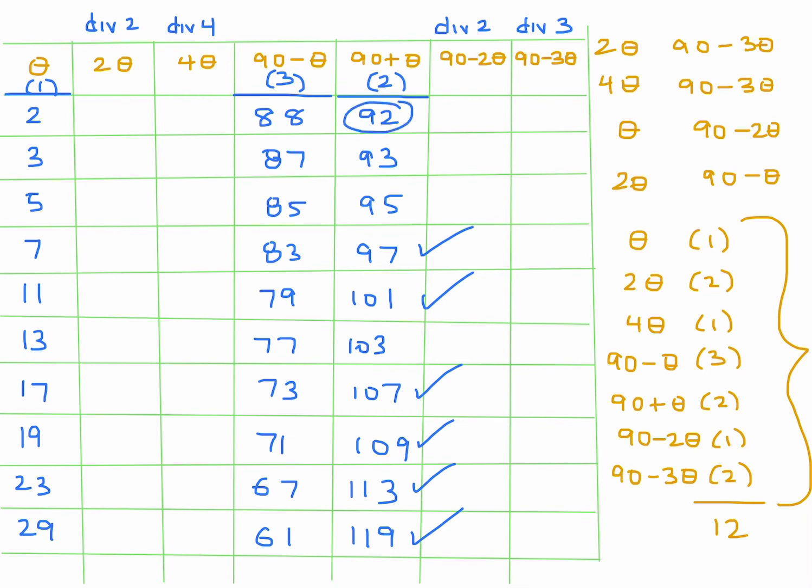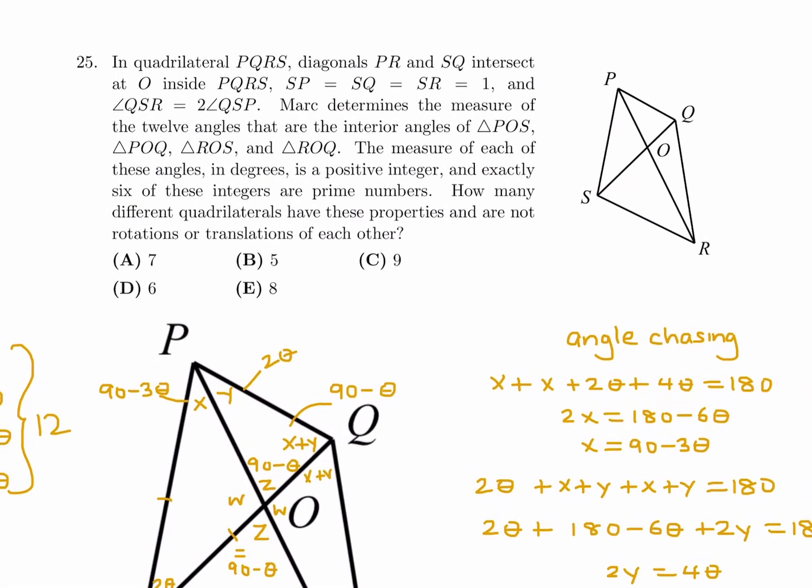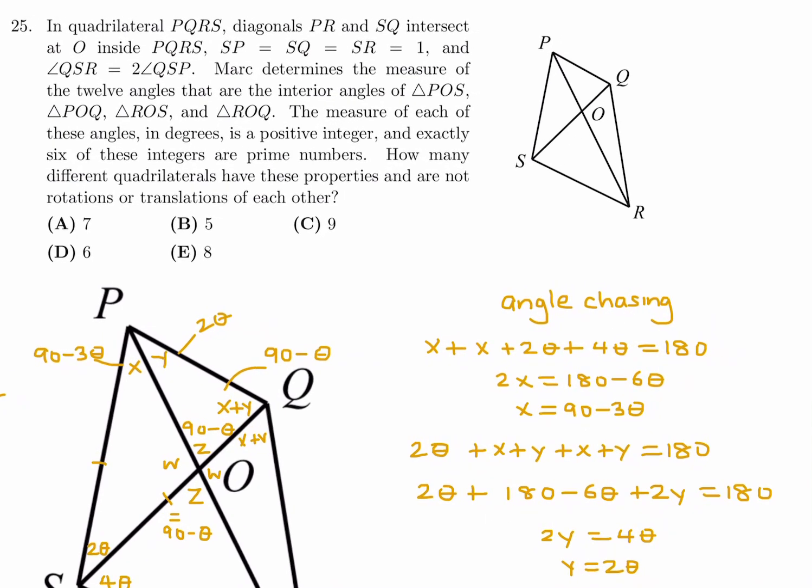This is divisible by 2, that's not prime. 9, this is divisible by 3, this is obviously divisible by 5. And 77 is obviously divisible by 7, so those are not primes. So that's it, I get 6. And if you keep going, you'll find that you won't get any more. All right, we're done. Time consuming, definitely. So 6 I got. And therefore, the answer to number 25 would be choice D.